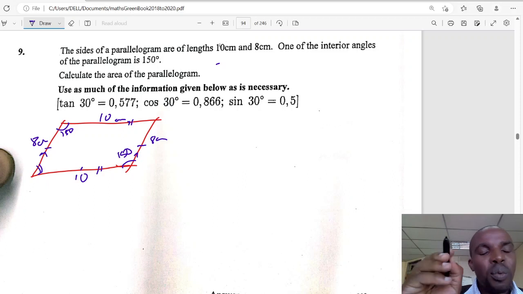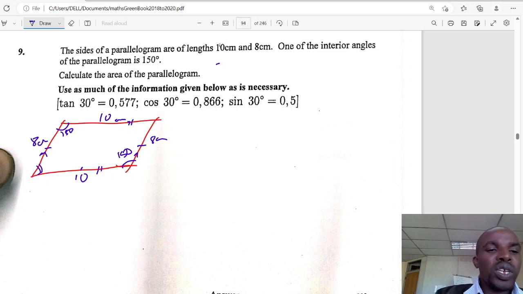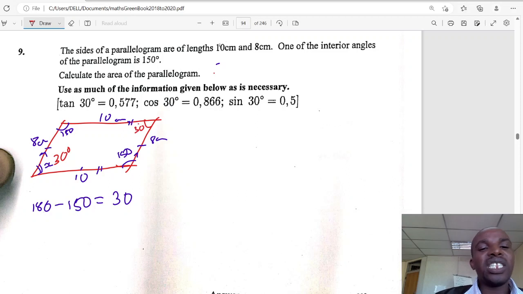Opposite sides of a parallelogram are parallel to each other and they are equal. So you can say this angle, I can call it x. It's 180 minus 150, because adjacent angles are supplementary, they add up to 180 degrees. So it's 30 degrees. So this small angle is 30 degrees, which means this one also is 30. Opposite angles are the same.